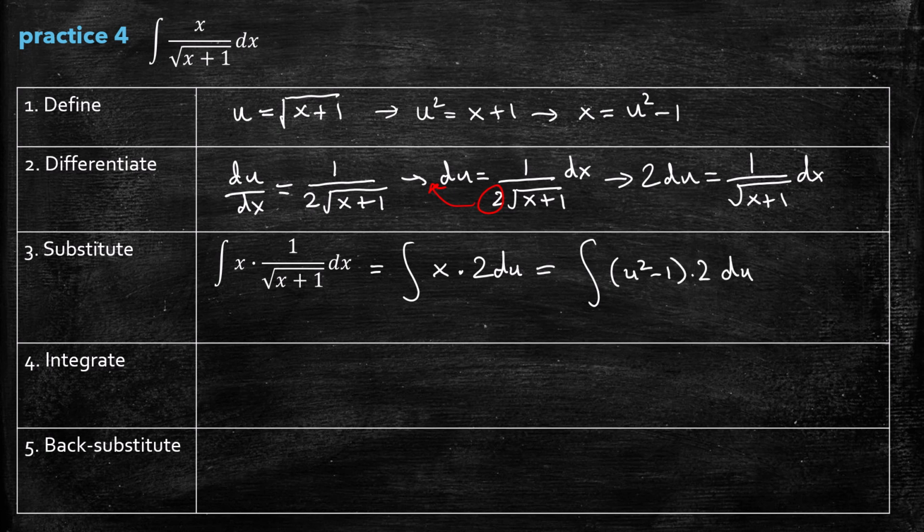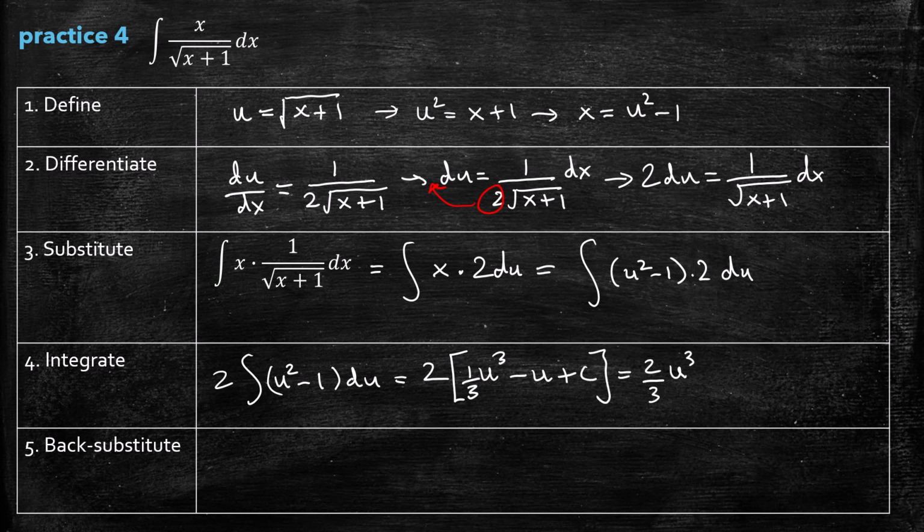And if we integrate that, let's bring the 2 outside, u squared minus 1 du. So that's 2 times, if we integrate u squared, that's u to the third, we need a 1/3 in front of that, minus u plus c. Remember, we can distribute the 2 and still call that 2 times c, just make it c again.